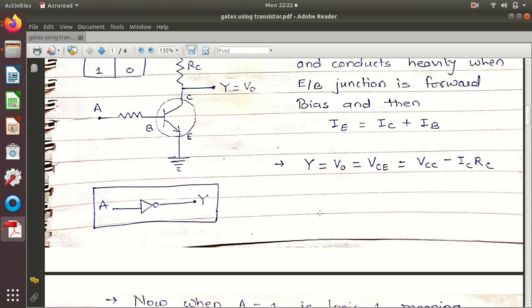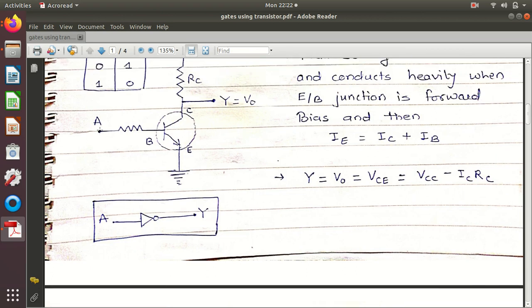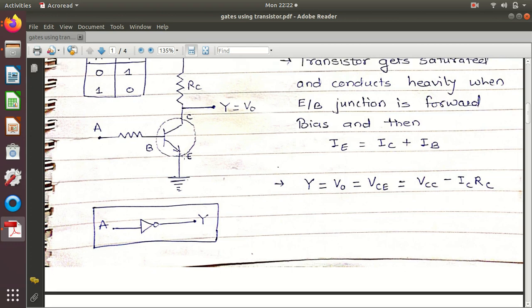Now, when A equals 1, that is when the input voltage is high, the VBE, base to emitter voltage, is sufficiently high to bring this transistor into the saturation condition.